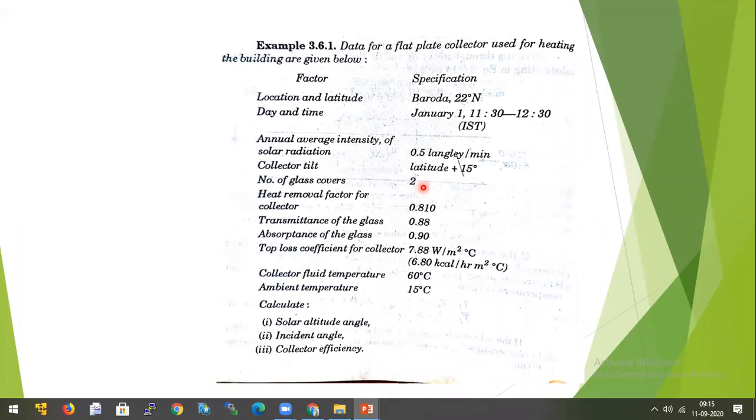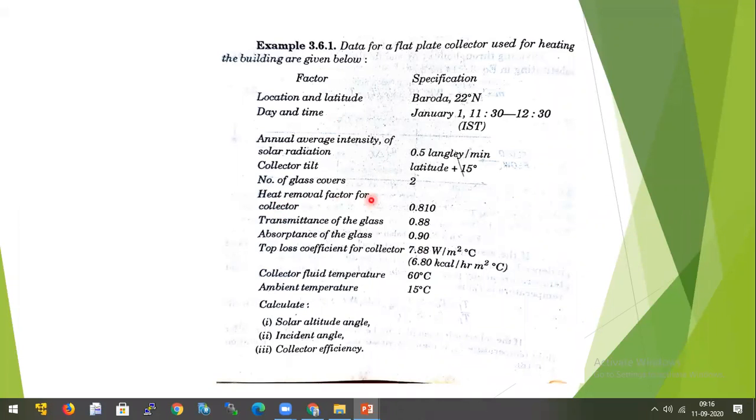Without snow we take it as 0.24, and with snow cover between the two glass covers we take it as 0.72. I will explain that in the problems. These 0.24 and 0.72 should be remembered by you. These are default values and they are not given in the problem.